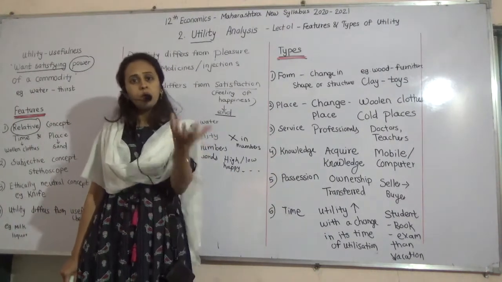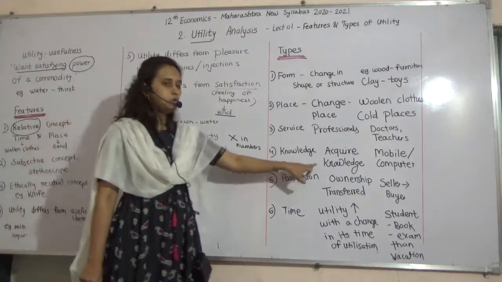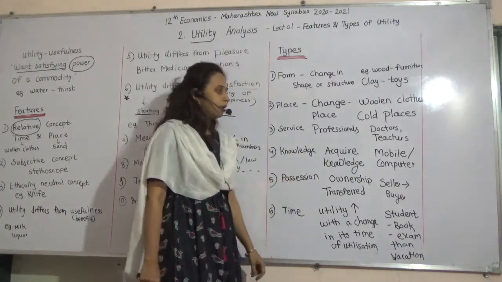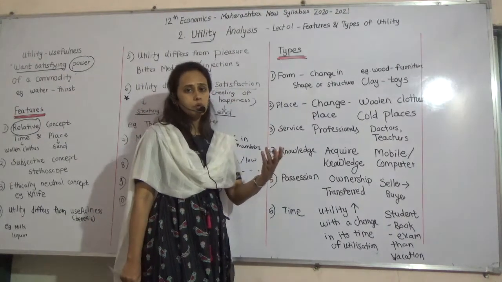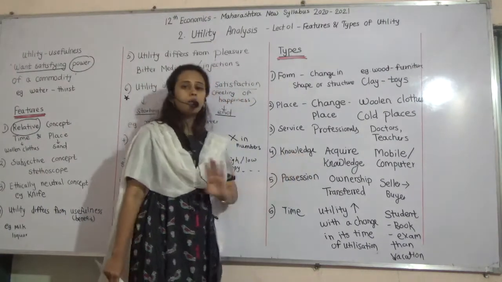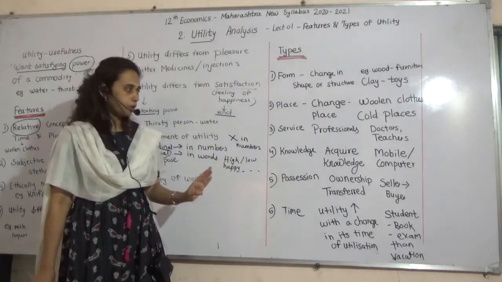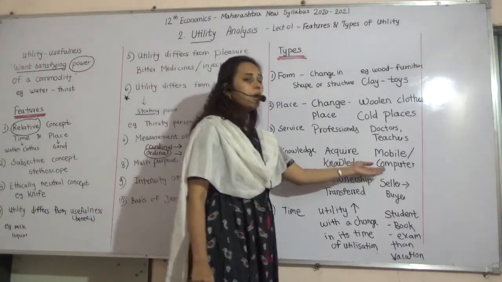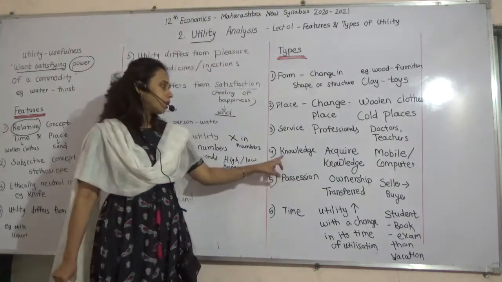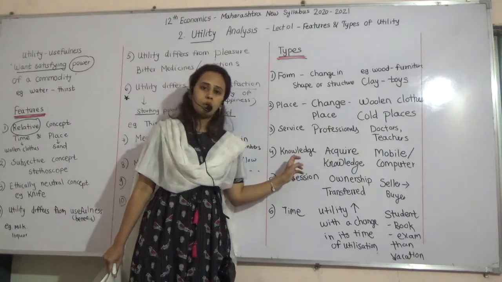Knowledge means to acquire, to gain the knowledge. For example, if I am having a mobile but I am not able to utilize it and I don't understand its functioning, so I don't have any knowledge utility about it. Suppose I am having a computer, I am well versed with it, I can use it properly, then it will give me knowledge utility.